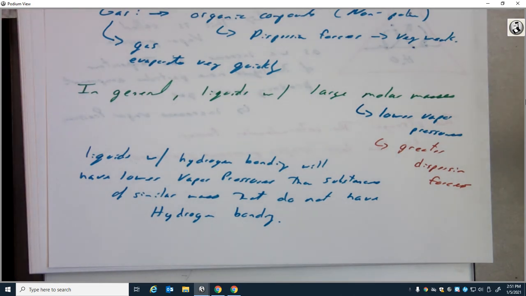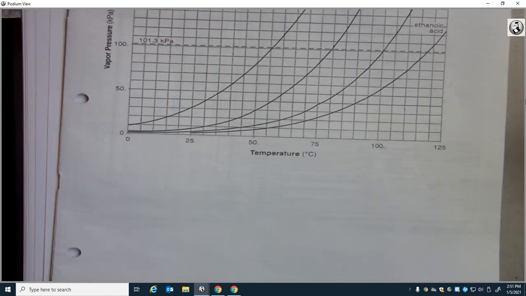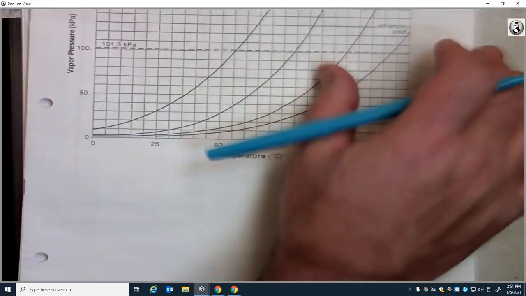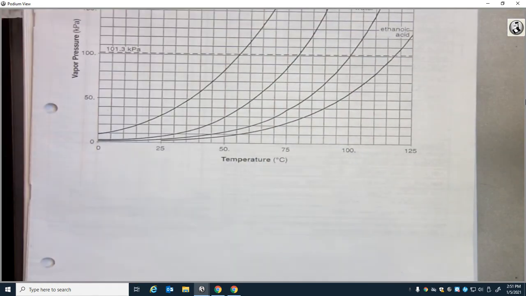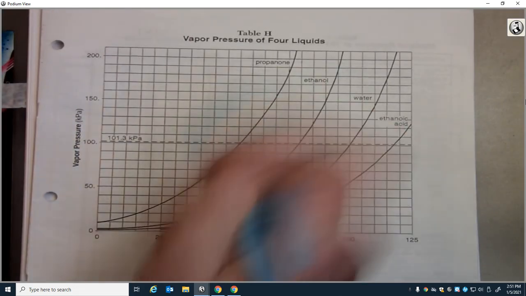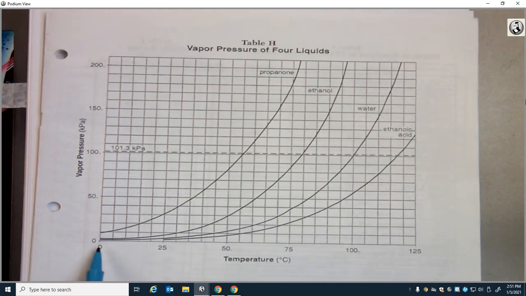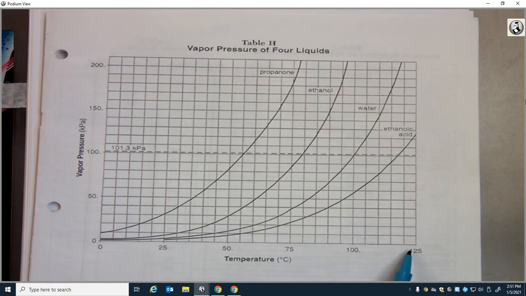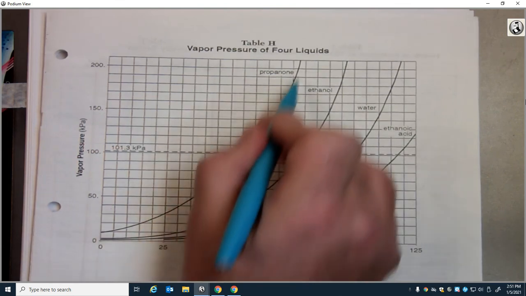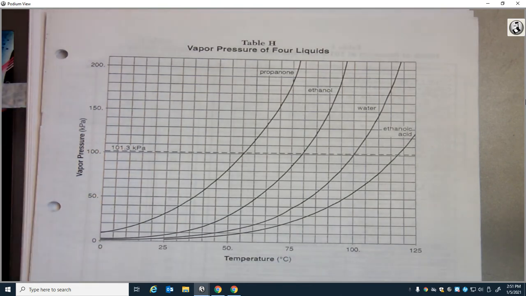Now, we dealt with vapor pressure in regular chemistry. And in the reference table, we had this chart, table H. And this gives us the vapor pressure of four different liquids. Here's my temperature, here's the vapor pressure that substance produces. And we said as our temperature increases, the vapor pressure above it also increases.